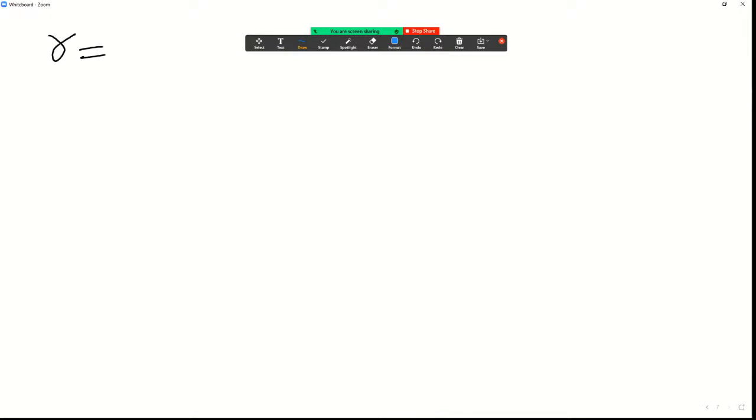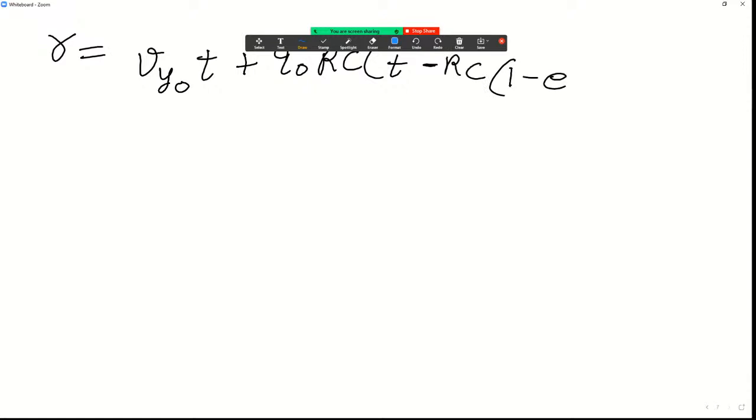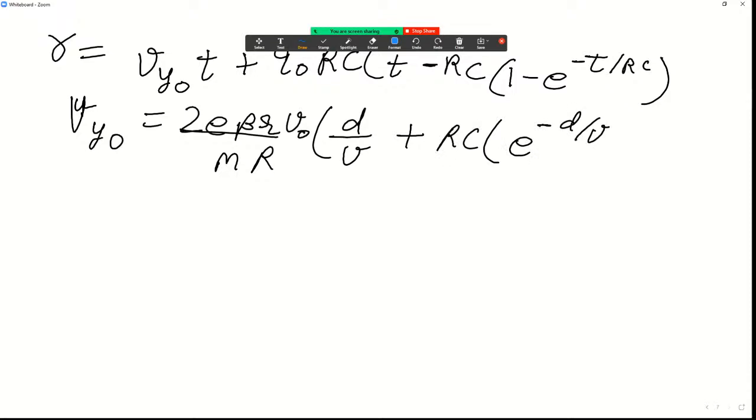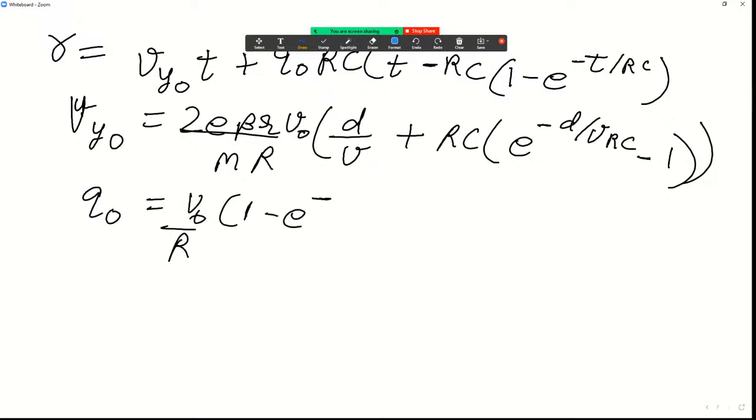So we have R equals Vy0 t plus Q0 RC t minus RC times 1 minus e to the power minus t by RC, and Vy0 as 2e beta R V naught by m r, d by v plus rc, e to the power minus d by vrc minus 1, and Q0 as V naught by R times 1 minus e to the power minus d by vrc.